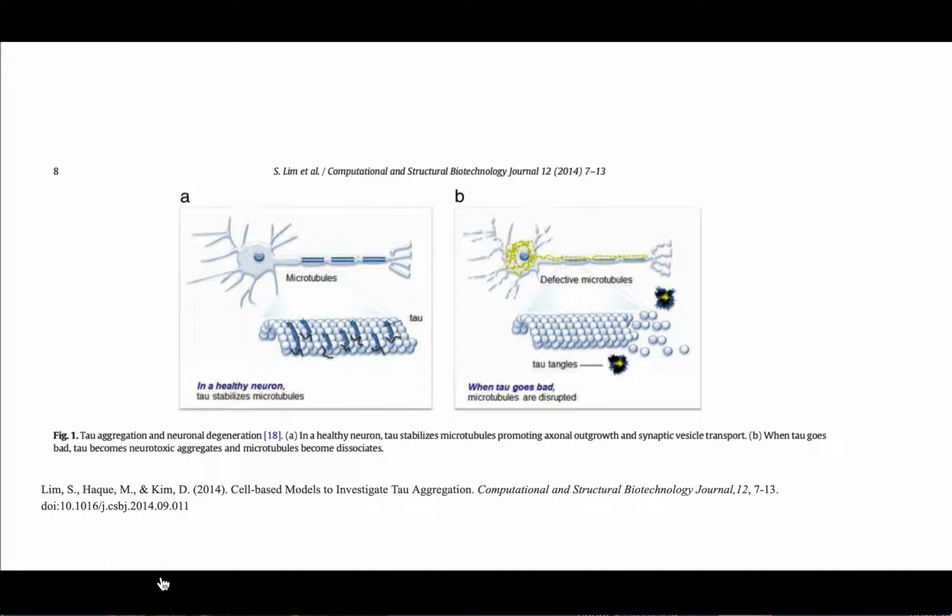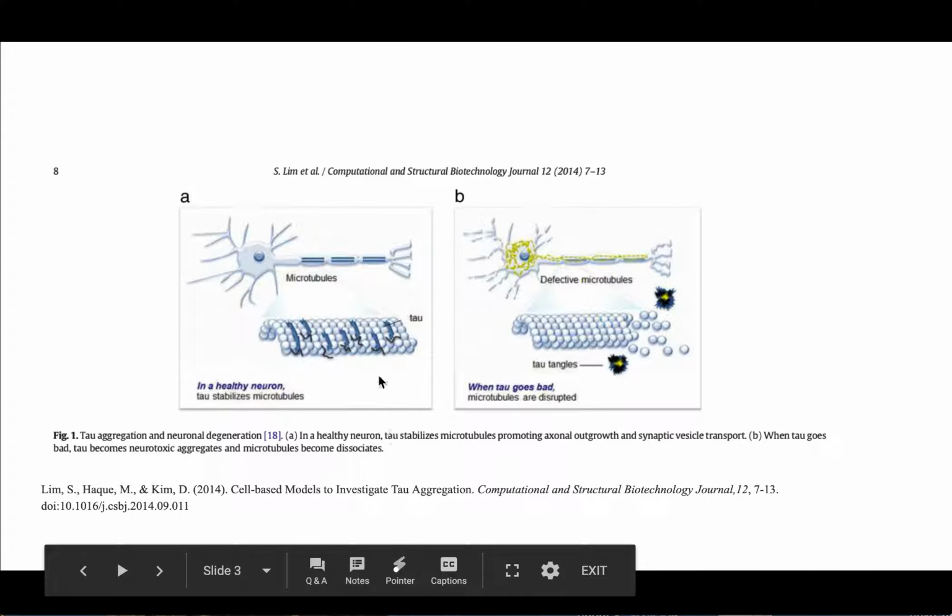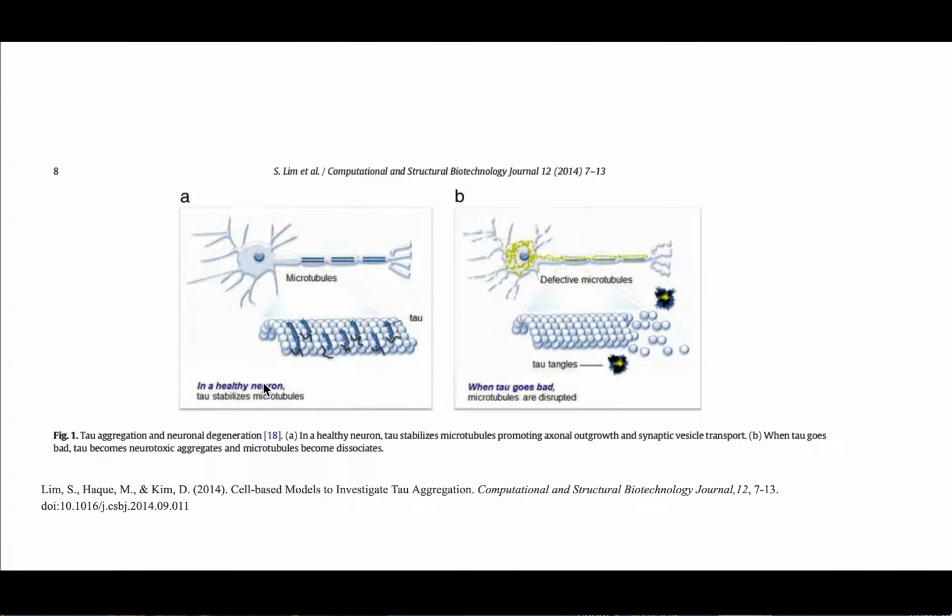And so tau is a protein that stabilizes the microtubules, as seen here in this image. So with our microtubules, tau will come in and stabilize the development, making sure that the structure stays consistent, the structure is rigid, and there's no misfolding within those microtubules.